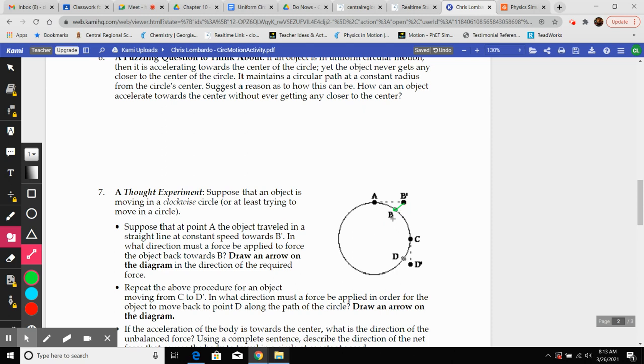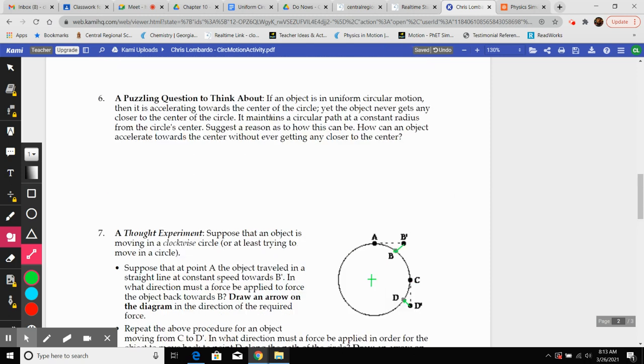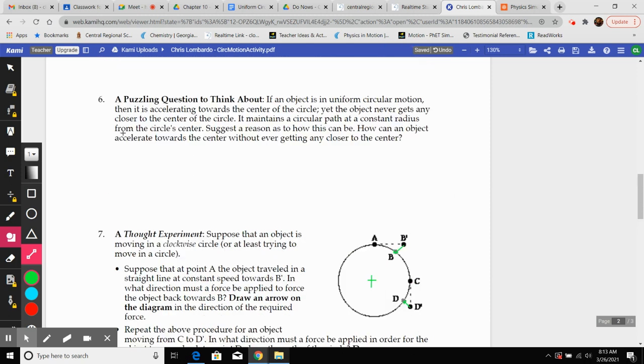So they're both pointing inwards towards that center. So the force is basically keeping it from flying away, and the acceleration is in that same direction as our net force. So even though the velocity wants this thing to go off and away, it is that force, that acceleration, that is keeping it in this circular path. So it's not getting closer or farther from the circle for that reason.